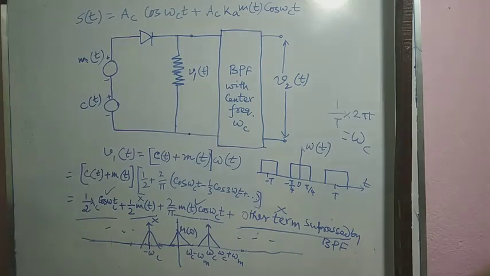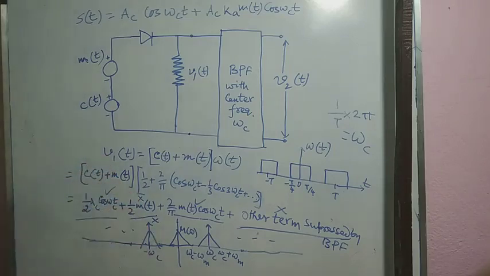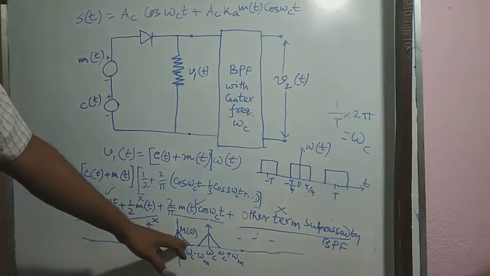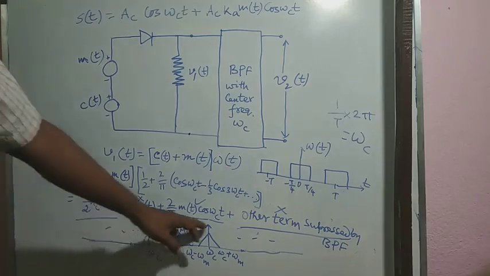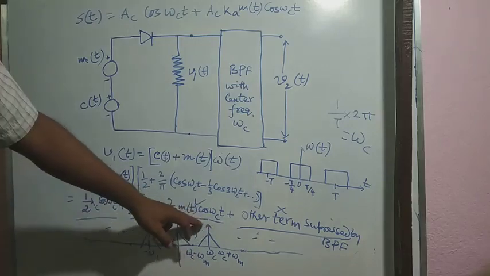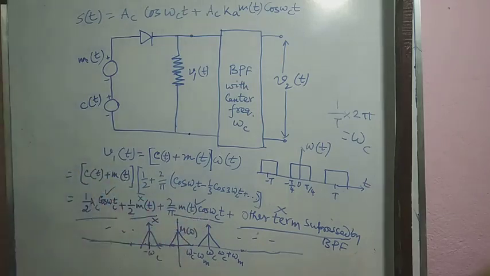It is also evident from the Fourier transform, or representing it in the frequency domain. We see M(t), that is M(omega) in frequency domain, and the M(t) cos omega c t part gives M(omega minus omega c) and M(omega plus omega c).